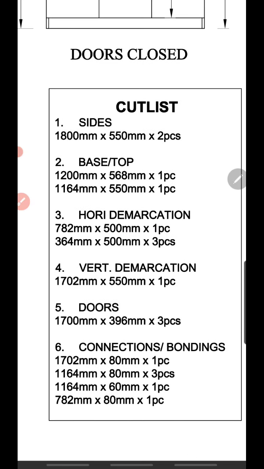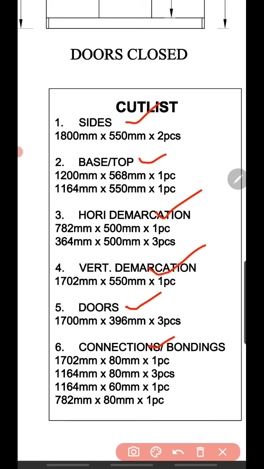As a standard, your cut list should have these 6 components: the sides, the base and the top, the horizontal demarcation, the vertical demarcation, the doors, and obviously the connections for strength and stability. So these are the 6 bullet points we'll be looking at on this cut list tutorial.